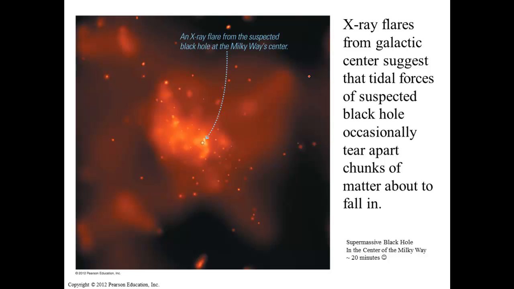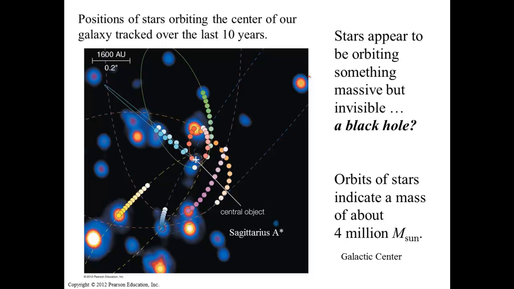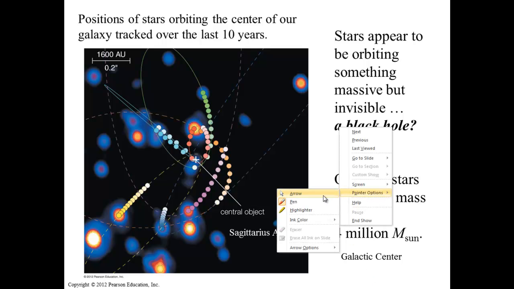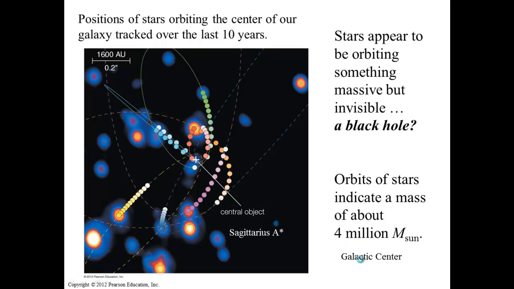This is a really short video. It's a classic. I think it's 15 years they tracked. What you're seeing, those little dots, are stars orbiting Sagittarius A star.